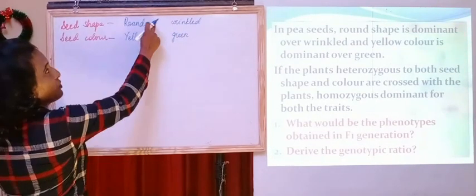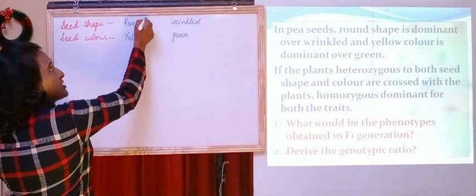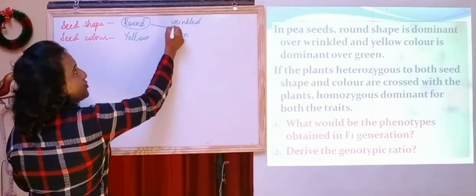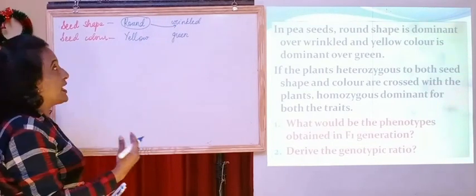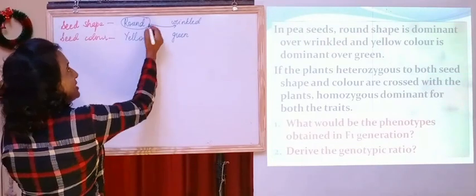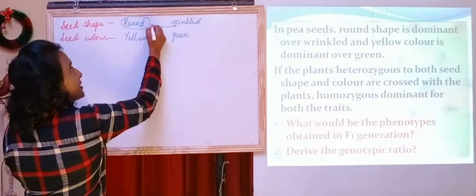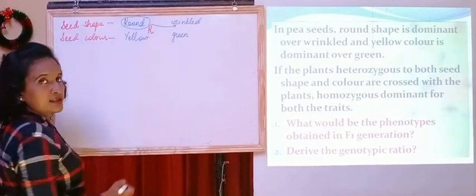So we have got two contrasting forms of both the traits. Since round is dominant over wrinkled, the next step is to assign the alphabet. So this will be capital R since it is dominant.